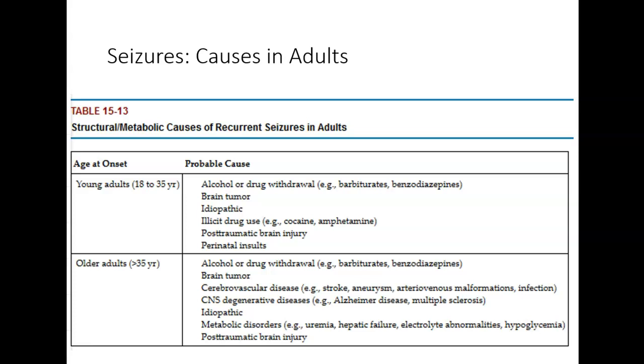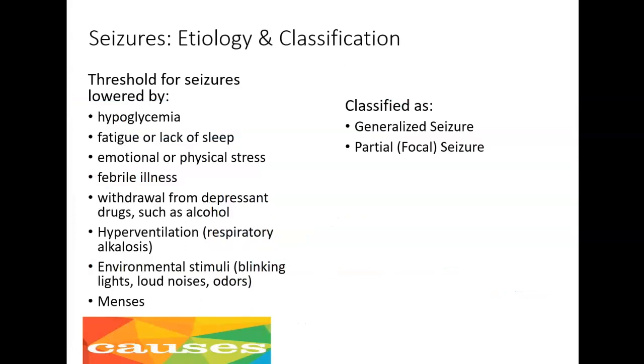So uremia, hepatic failure. Remember, in hepatic failure, what gets really high is your ammonia, and you can have hepatic encephalopathy that could lead to a seizure. Electrolyte abnormalities, I'm specifically thinking of hyponatremia, tends to be a big cause of seizures, and hypoglycemia, and then post-traumatic brain injury. So perhaps after a motor vehicle accident or something along those lines.